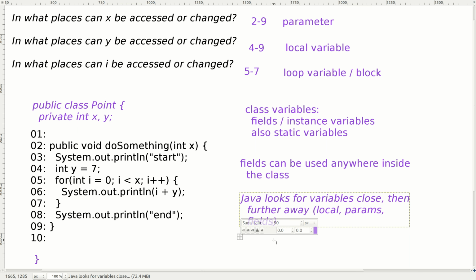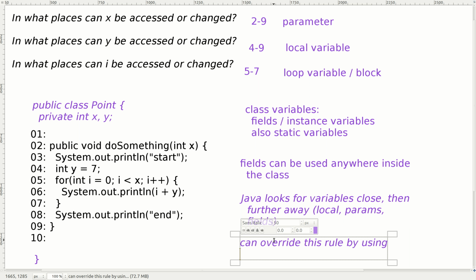There is a way to override this by using this dot, like this dot x or this dot name or whatever you're referring to. That tells it skip past the local variables and the parameters and look up at the one that belongs to the class, the instance variable there.